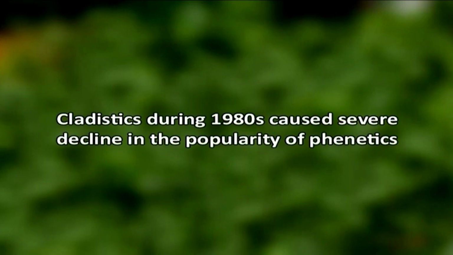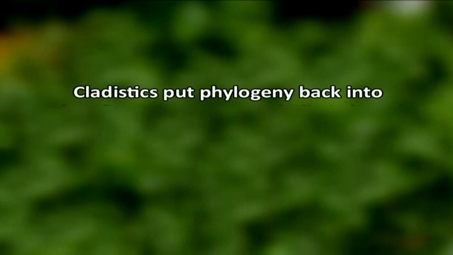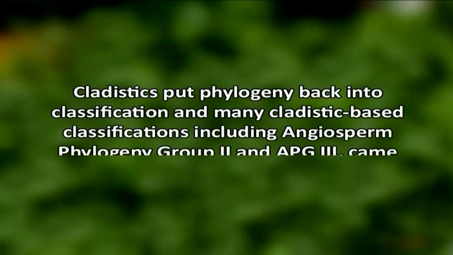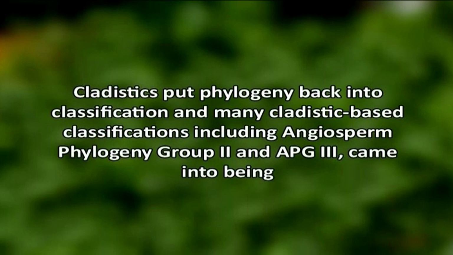It was viewed as an approach with great ability to differentiate clearly between characters and character states, proving useful in selecting characters more carefully and therefore circumscribing groups more precisely. However, the advent of cladistics during the 1980s caused a severe decline in the popularity of phenetics. Cladistics put phylogeny back into classification, and many cladistic based classifications including Angiosperm Phylogeny Group 2 and Angiosperm Phylogeny Group 3 came into being.